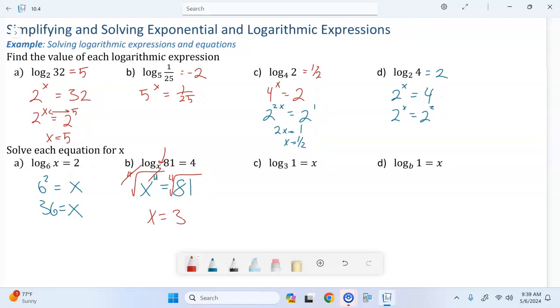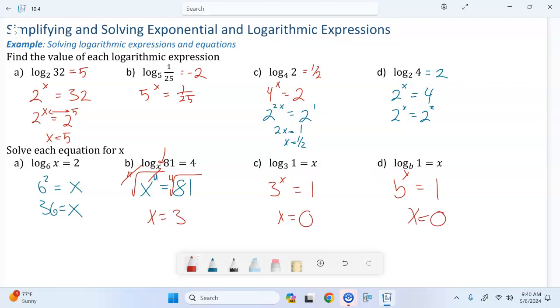Okay? What's exponential notation for c? 3 to the x equals 1. What does x have to be for that to be true? 0. X has to be 0. And then what's exponential notation for d? d to the x equals 1. What does x have to equal in order for that to be true? 0. Because it does not matter what the base is.